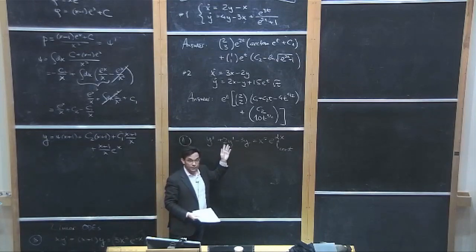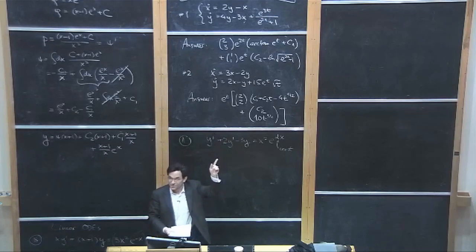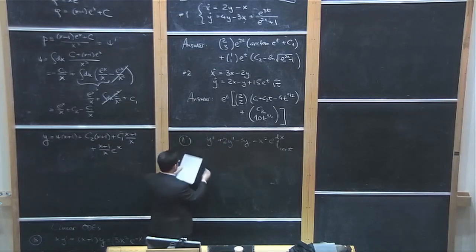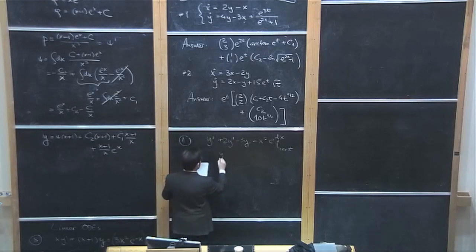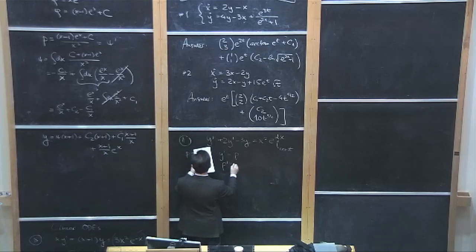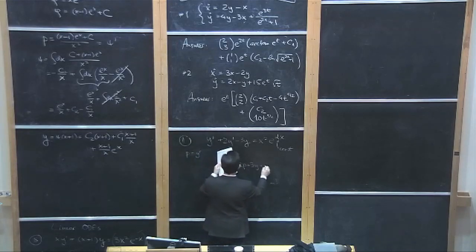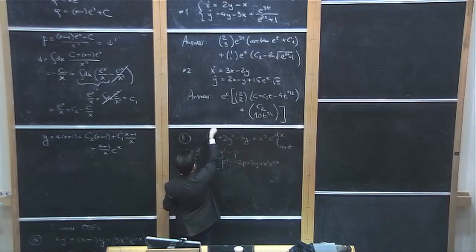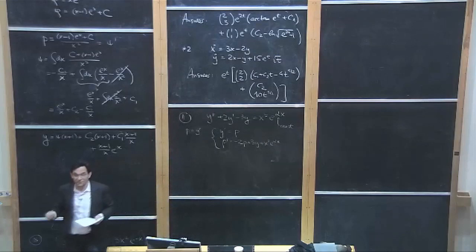This is exactly equivalent to the kind of problem that I have shown you before. Because if I say p is equal to y prime, this is simply y prime equals p, and p prime equals minus 2p plus 3y plus x squared e to the alpha x. And this is a 2D system which can be solved by exactly the same method as before.